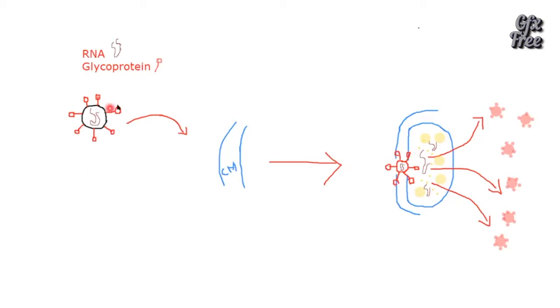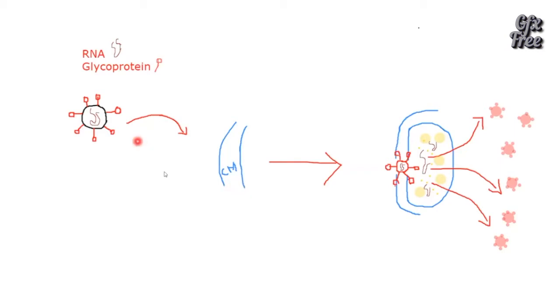What happens is, this virus, that is the coronavirus or COVID-19 virus, has a double-stranded envelope and a glycoprotein which is projecting outside the cell, and a single-stranded RNA inside the virus. So once this virus enters the human body, the glycoprotein projecting outside the virus will come in contact with the normal cell membrane of the target cell inside a human body.